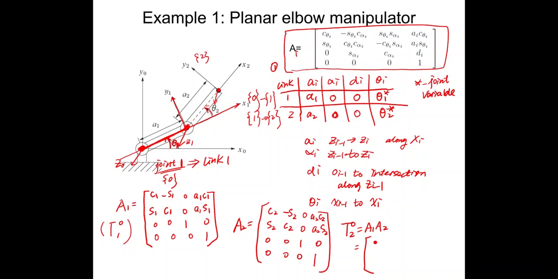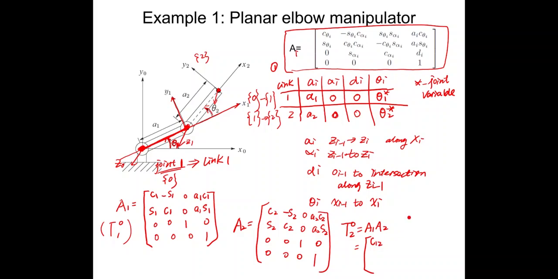After my calculation, the first term is going to be cosine theta 1 times cosine theta 2 minus sine theta 1 times sine theta 2. That is equivalent to cosine of theta 1 plus theta 2, so I write it as C12.